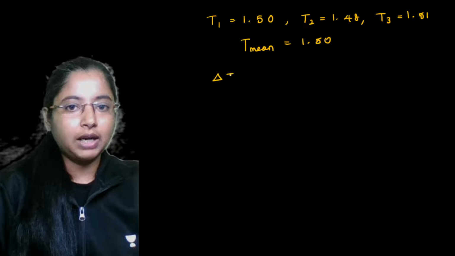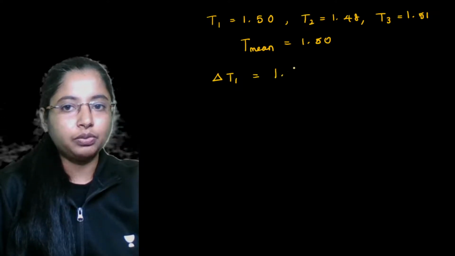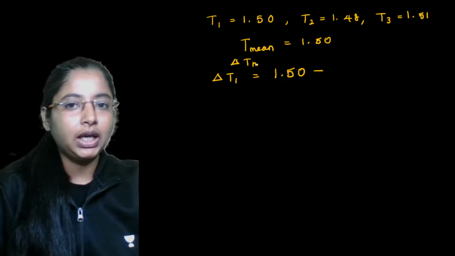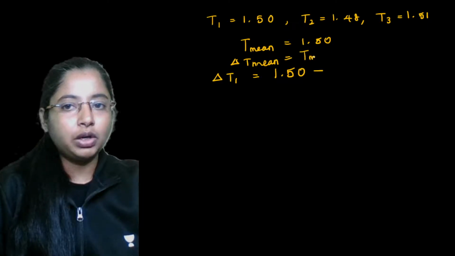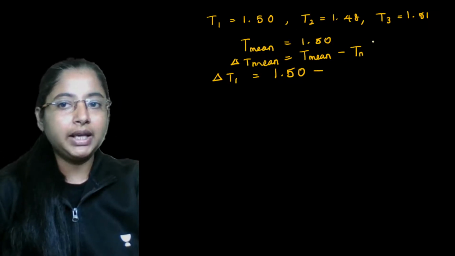Now, if I find the absolute error delta T1, that will be the mean value, 1.50, minus the individual value, where n could be 1, 2 or 3.